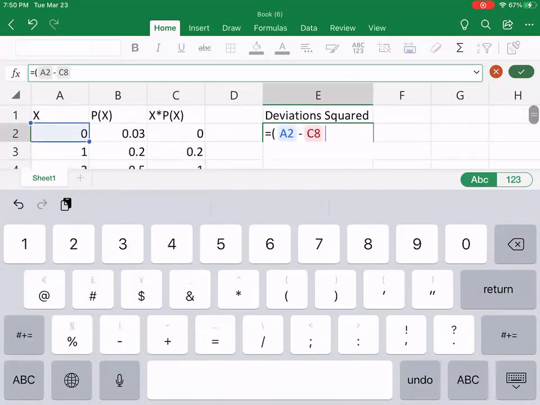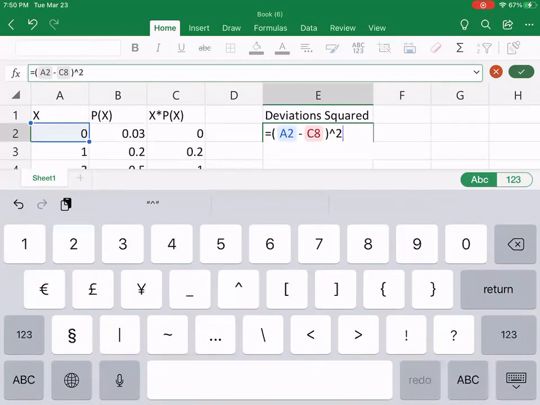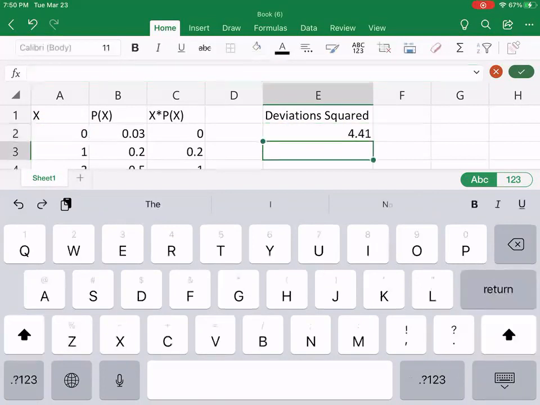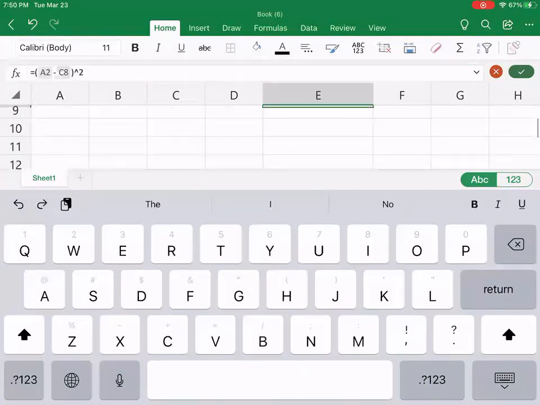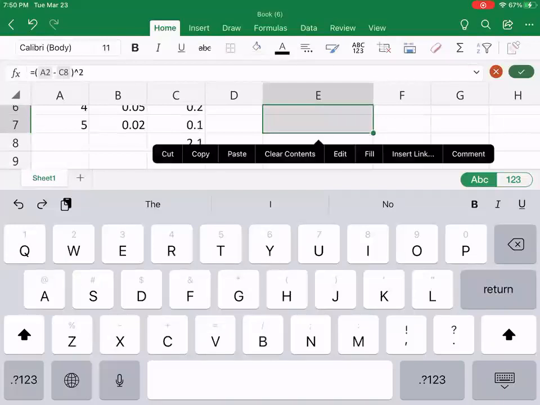And you're going to square this. Where's my square button? There, square it like this. Deviation squared. If you do it on your computer, I think you will have to use the $ to lock it, because it'll keep changing if you don't.